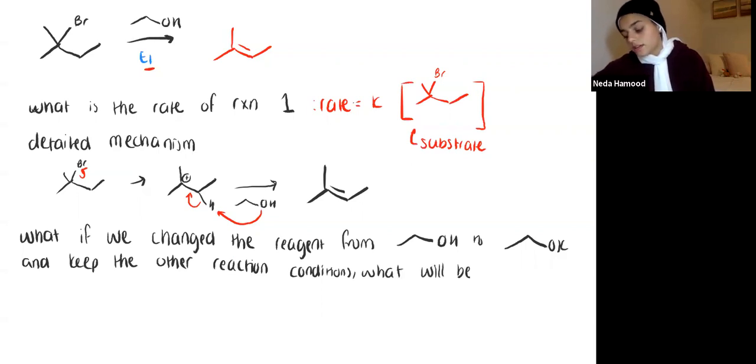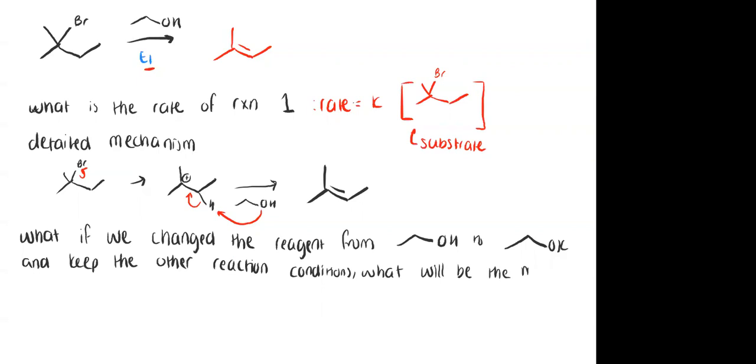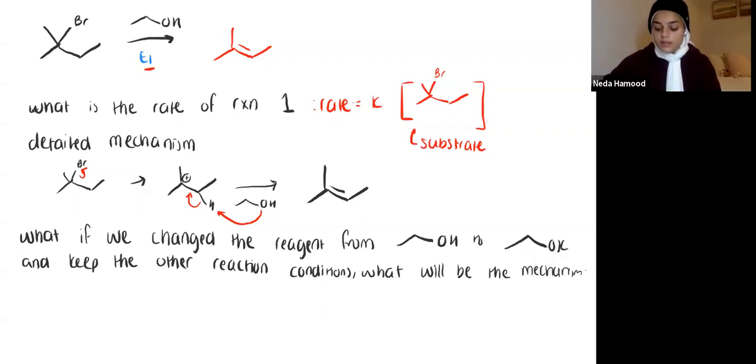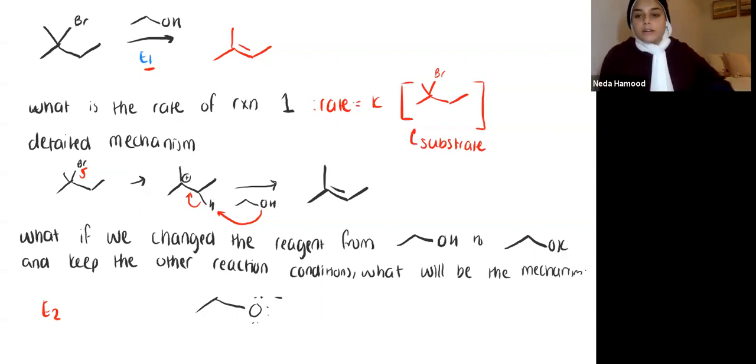What do you guys think? E2. Yep, awesome. The answer now would be E2, and that is because we would then have a strong nucleophile. Look at that, she is just dying to give away her electrons.